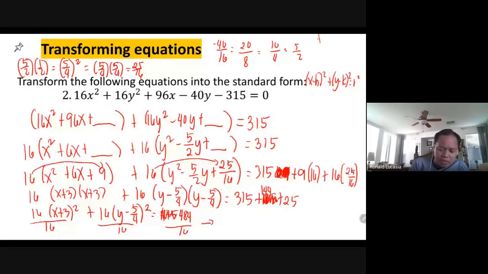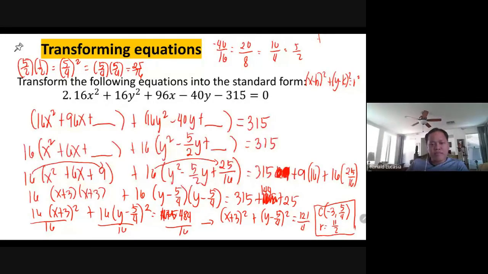So we have now x plus 3 quantity squared plus y minus 5/4 quantity squared equals 484 divided by 16, that's 121/4. So ang center ko ngayon ay -3, positive 5/4, ang radius ko ay 11/2.